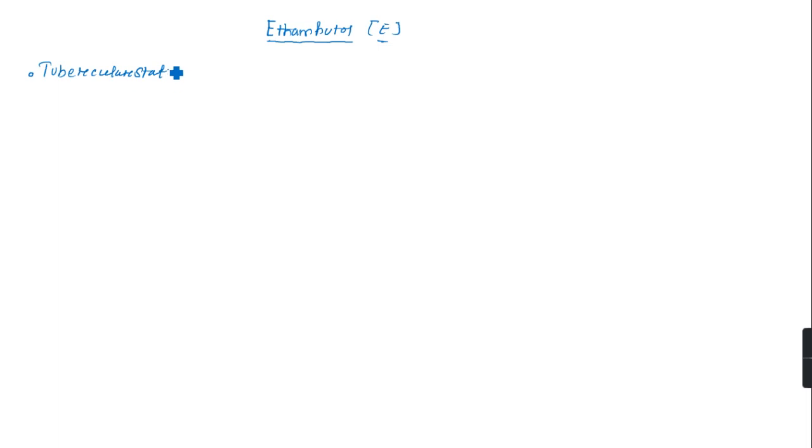It is effective against Mycobacterium avium complex. Its mechanism of action is quite different.